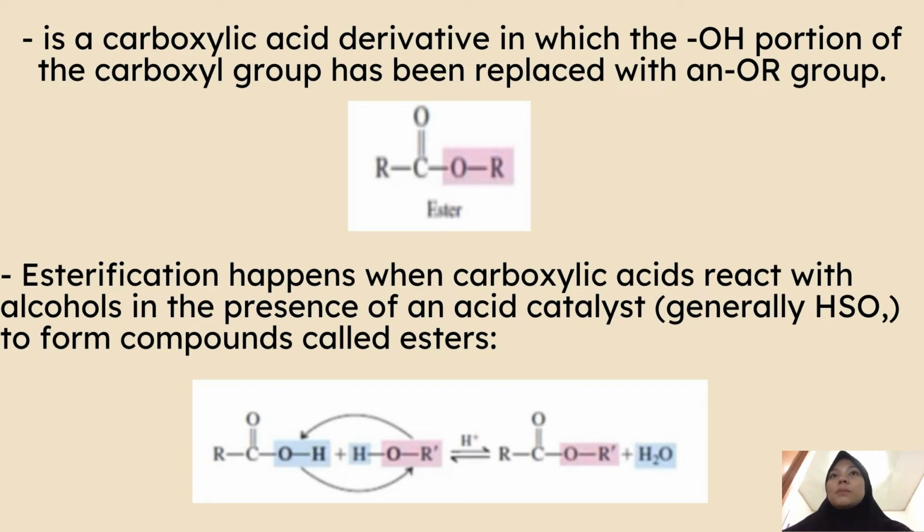The hydroxyl part reacts with the hydrogen to produce water, and with this open linkage between the carbon atom and the oxygen, they connect, so that will be the ester RC double bond O R. An ester will always have an acid part, the one with the C double bond O, and it will always have an alcohol part, the OR.